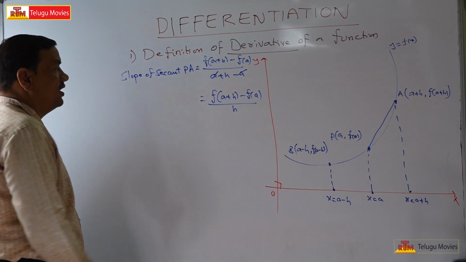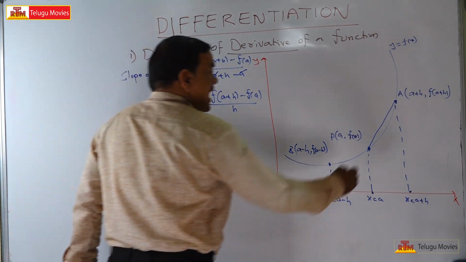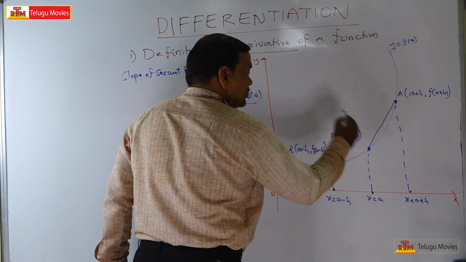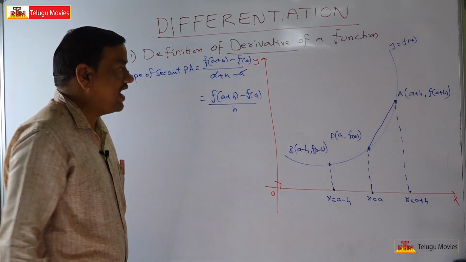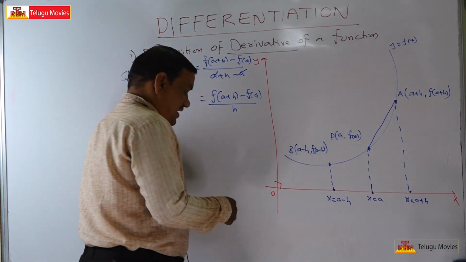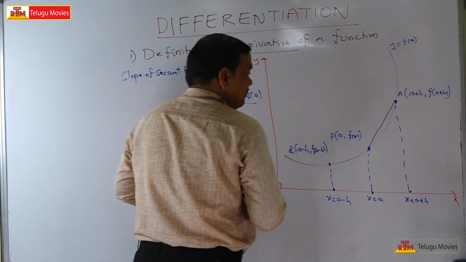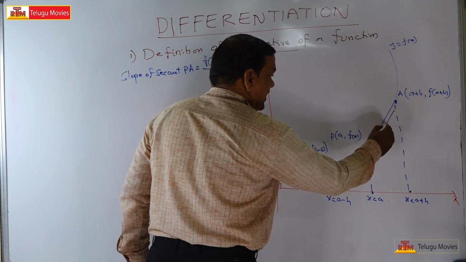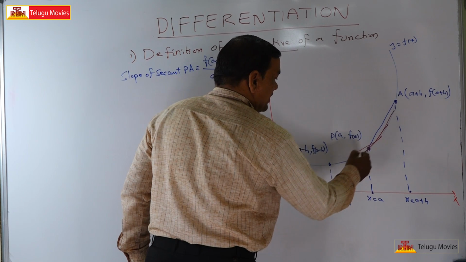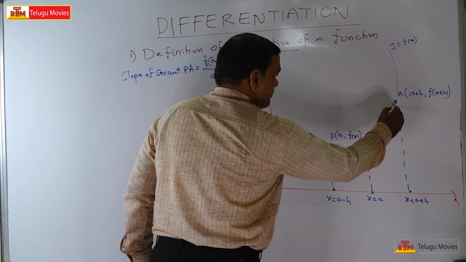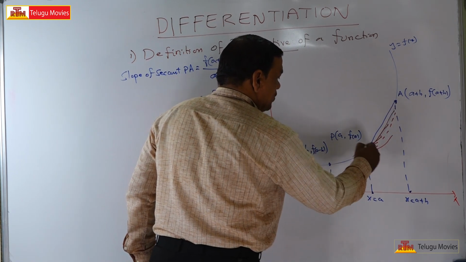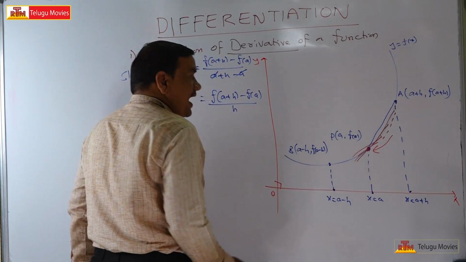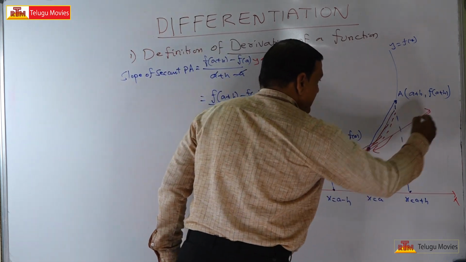Understand this. Now if you observe, as a value approaches p, see what happens. P is fixed, a comes here, again point a comes here, again a comes here. What do you observe? As your a value approaches p, at p it will become a tangent.